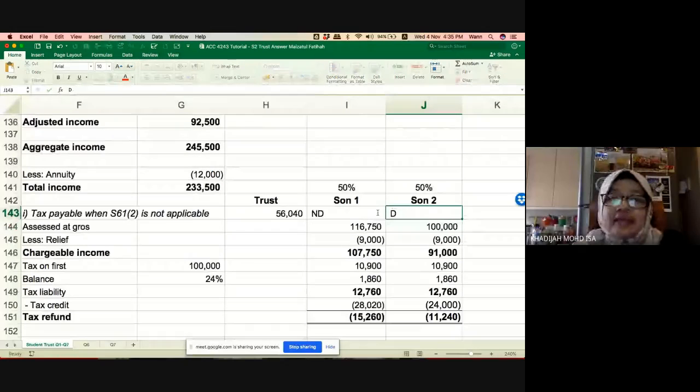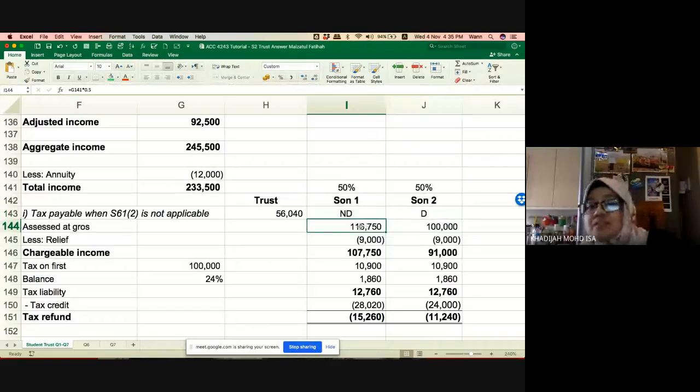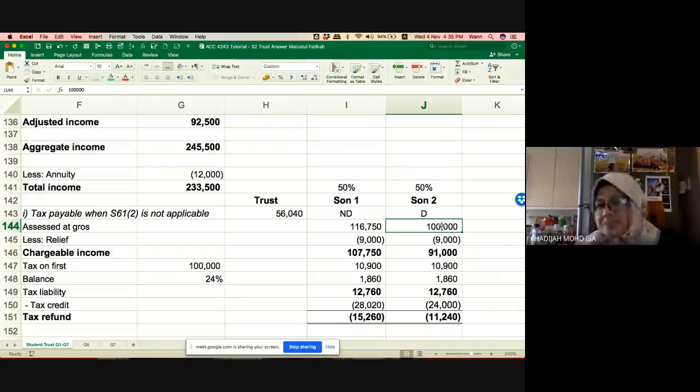Because of that, son number 1 will be assessed on the entitlement, which is 50% of the total income, but son 2 is assessed on the 100,000 based on the amount he actually received, because discretionary is based on whichever is lower. So you compare: entitlement is 116, but you actually receive 100, then we assess you at 100.